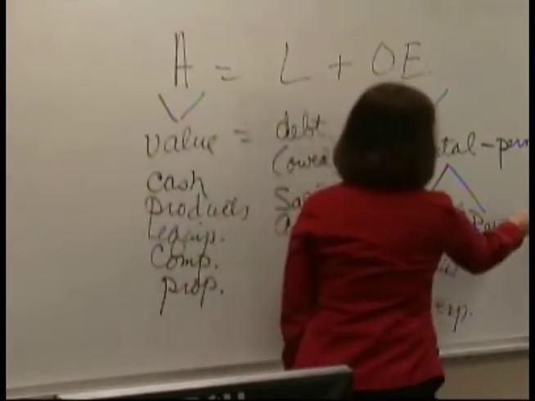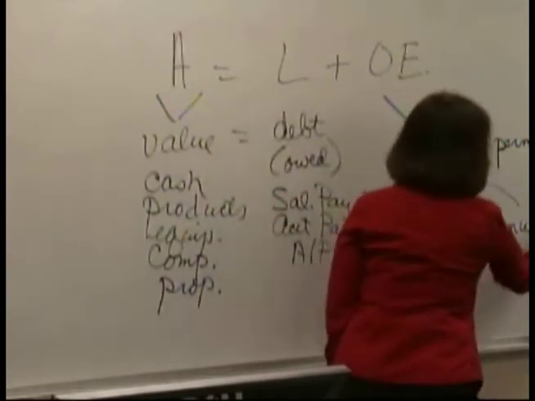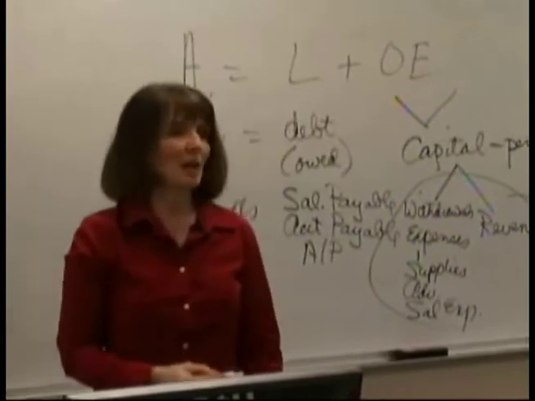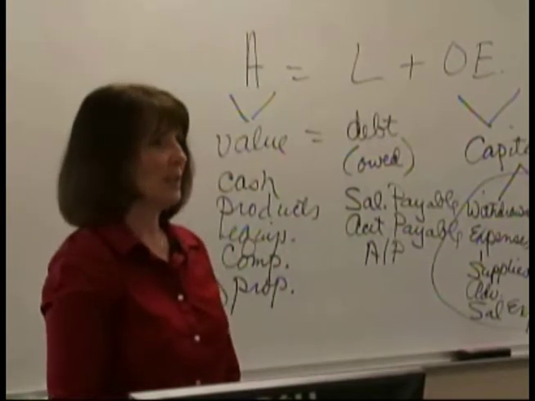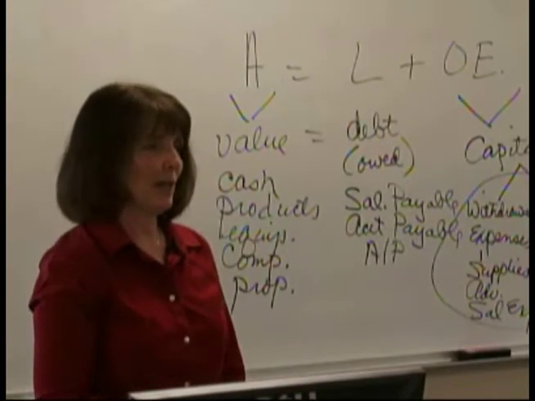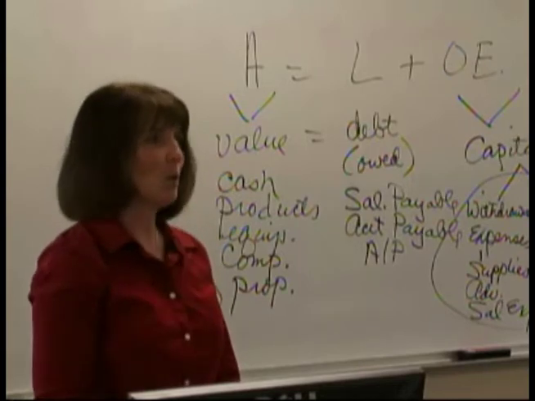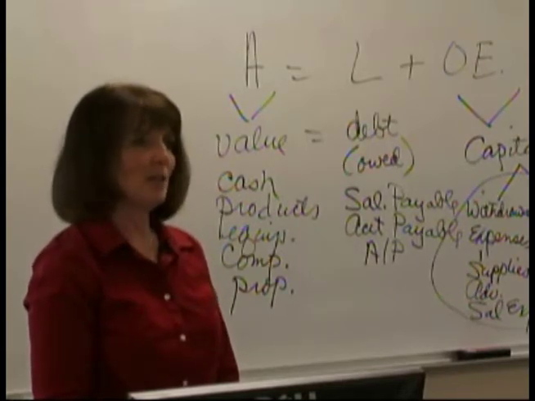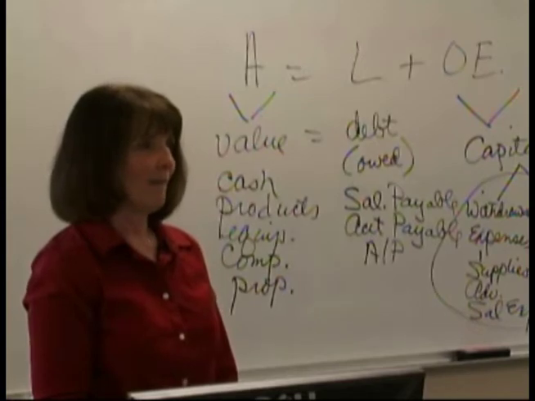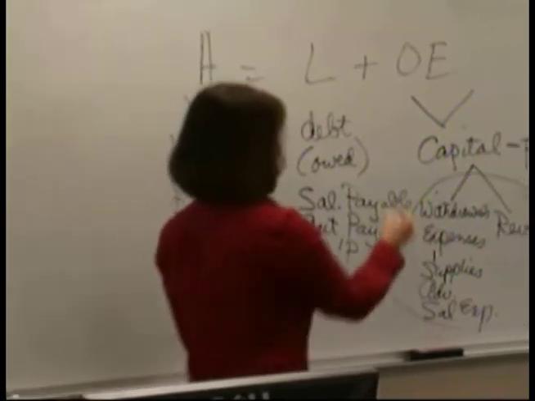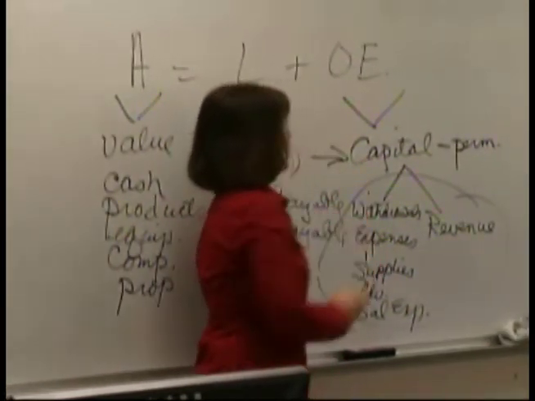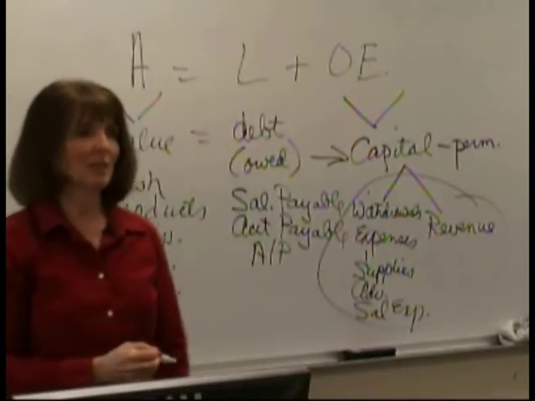So all of these are temporary owner's equity accounts. Temporary owner's equity accounts. That means that we will close them out at the end of any given period in order to update this permanent capital account.